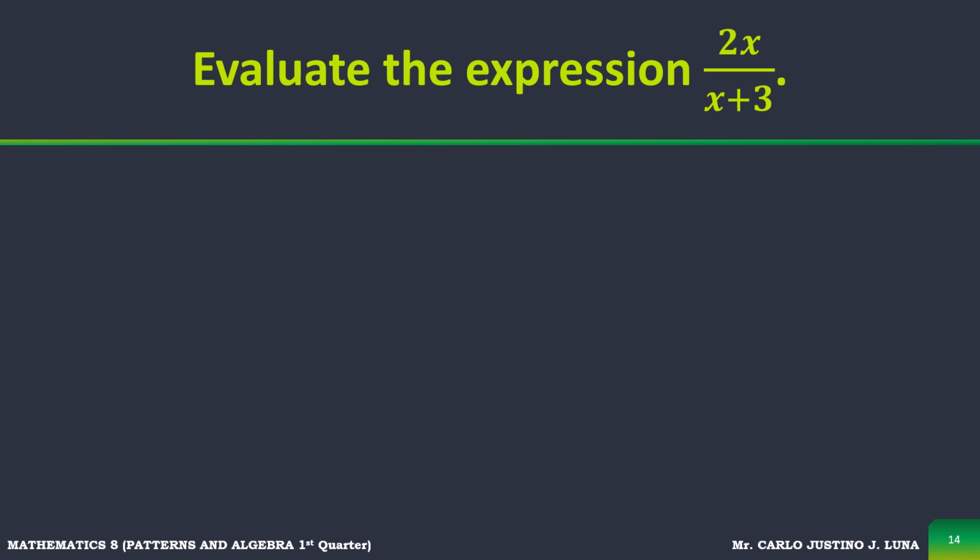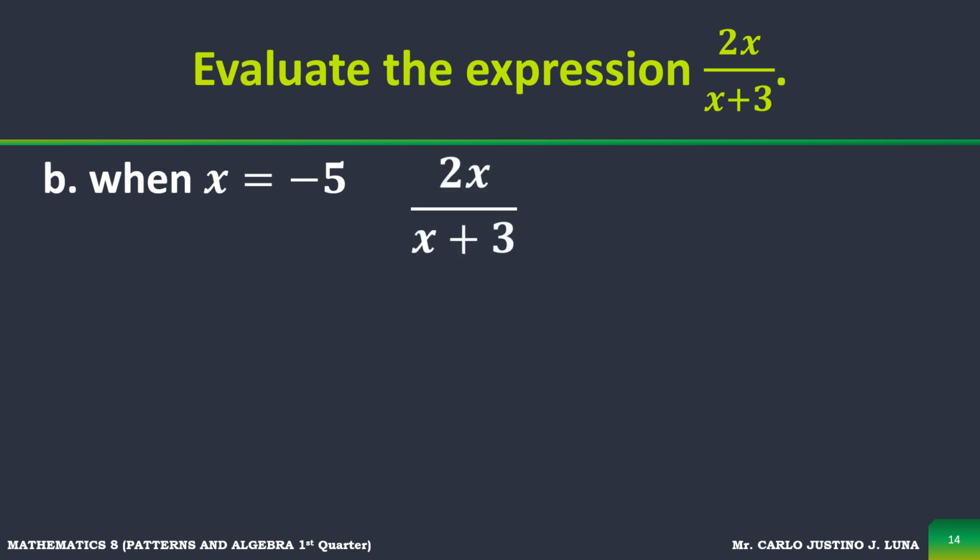The same expression, but this time, our x is negative 5. So, find the value of the expression 2x over x plus 3 when x is equal to negative 5. So, gagawin natin ngayon, copy the expression. Yan. And then, substitute x with negative 5.